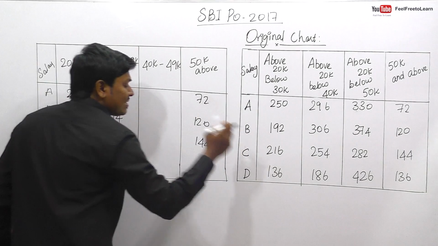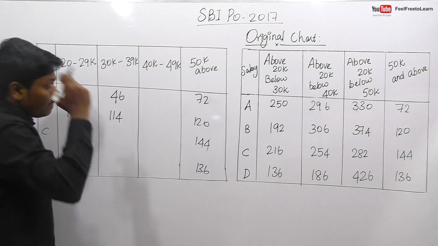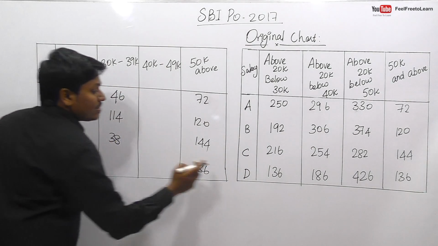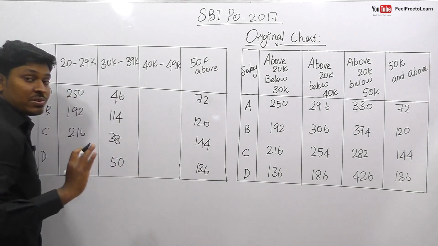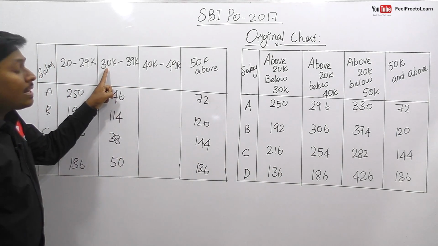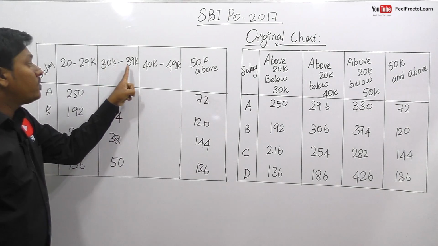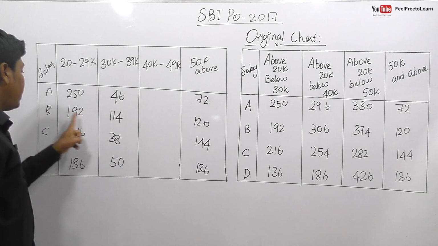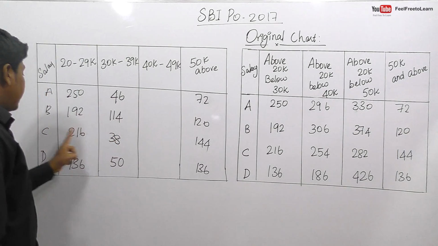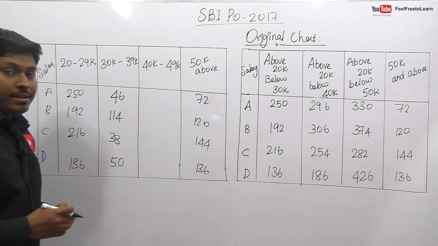Next is 254 minus 216 will be 38. So here it is 136 and 186, so we can say that 50. So friends, now the persons who are getting a salary of 30 to 39k will be 46 members in company A, and 114 in company B, 38 in company C, and 50 in company D.